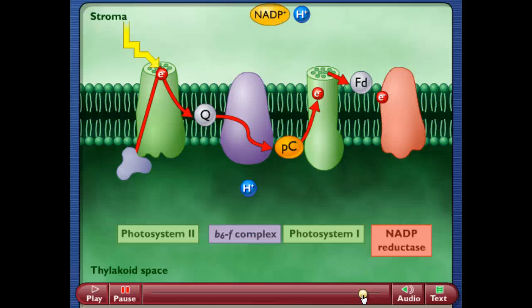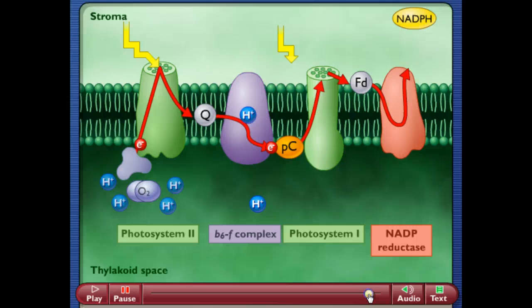Because the original excited electrons in photosystem 2 do not return to photosystem 2, this process is referred to as non-cyclic photophosphorylation. So make sure you get that in your notes.